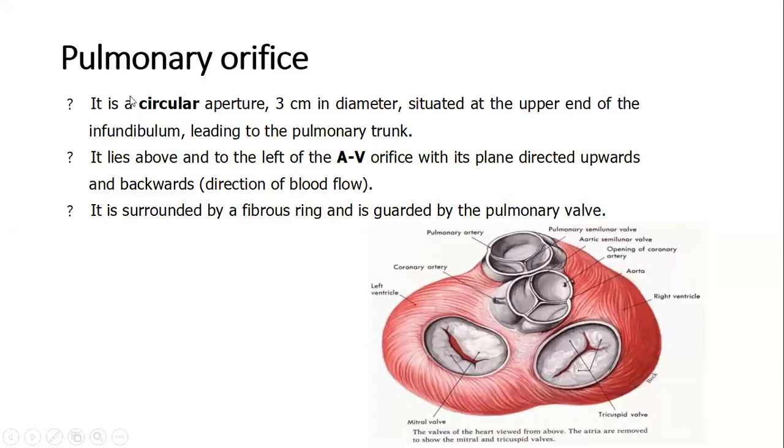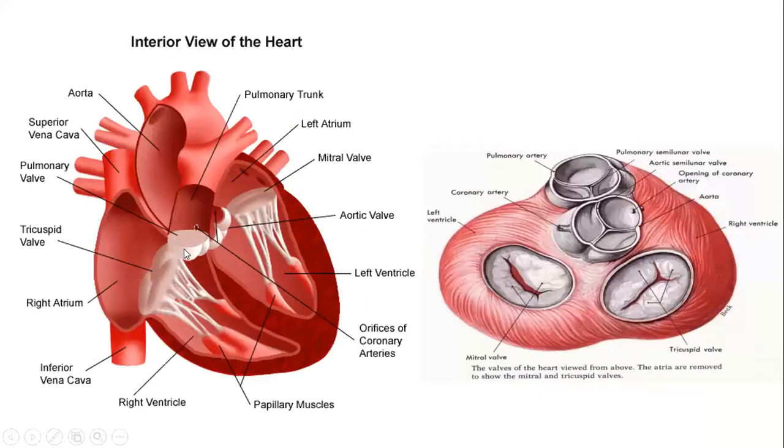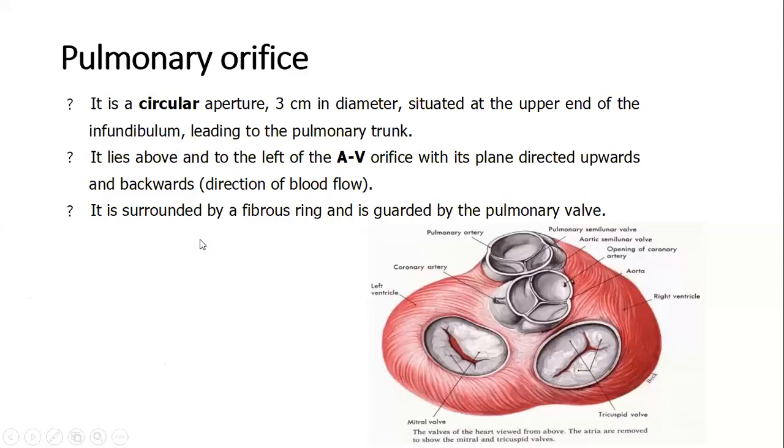It lies above and to the left of the AV orifice, with its plane directed in an upward and backward direction of the blood flow. It lies more medial to the tricuspid valve, and much more above, between the infundibulum and the pulmonary trunk. It allows the blood to flow in an upward and backward direction, which is the direction of blood flow into the pulmonary trunk.